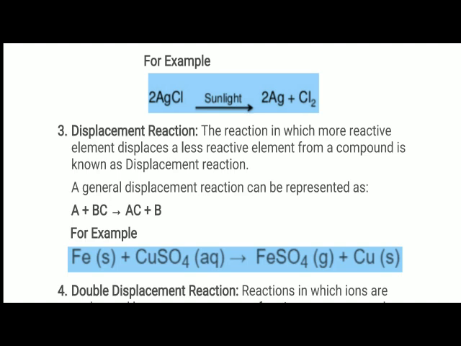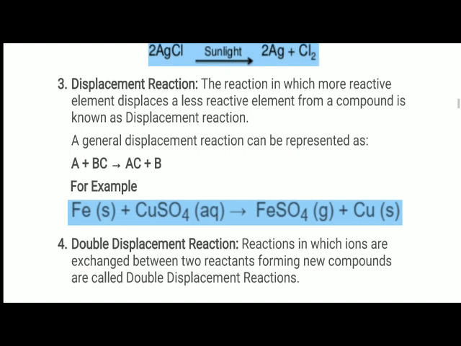Means when an iron nail is dipped in the copper sulfate solution, what we get is iron sulfate, or you can say ferrous sulfate, plus copper.